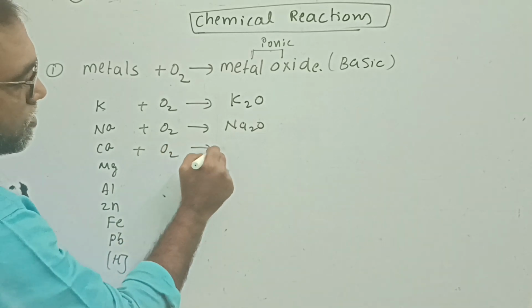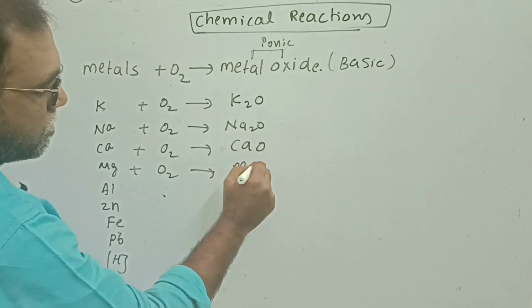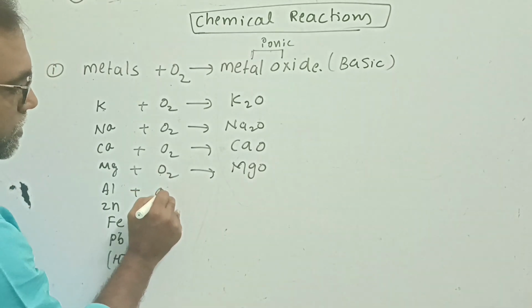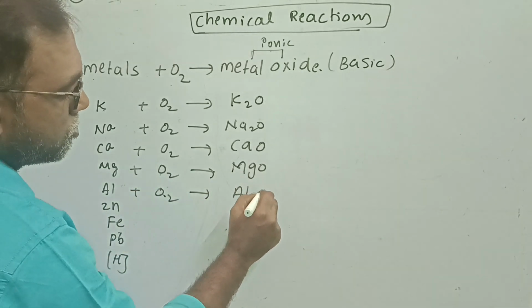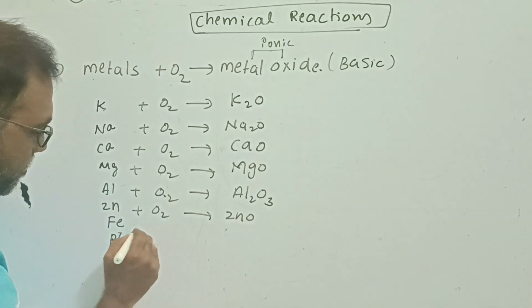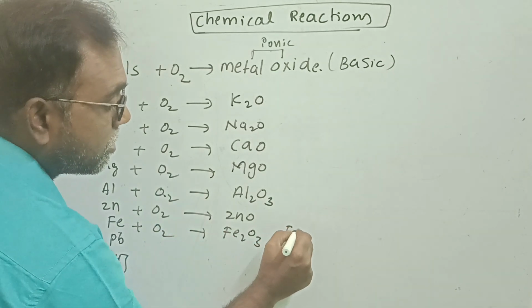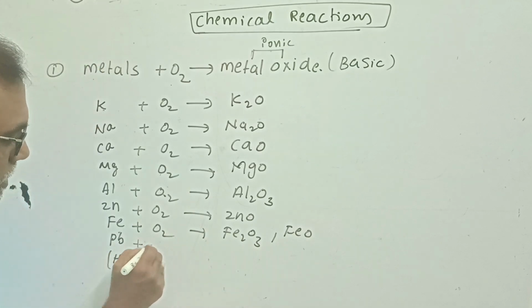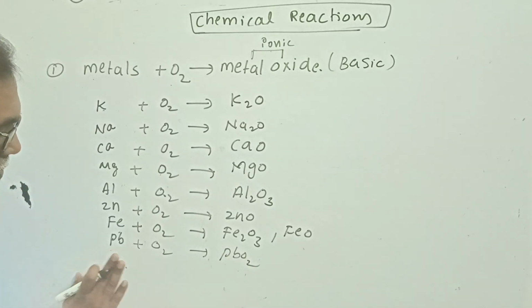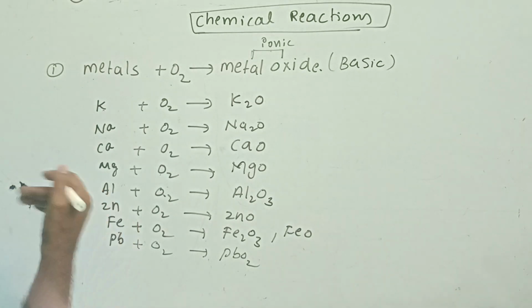Calcium reacts with oxygen to form CaO. Magnesium reacts with oxygen to give MgO. Aluminium reacts with oxygen to form Al2O3. Zinc reacts with oxygen to give ZnO. Iron reacts with oxygen to form Fe2O3 or FeO. Lead reacts with oxygen to form PbO2. These are a few examples of the reactions.